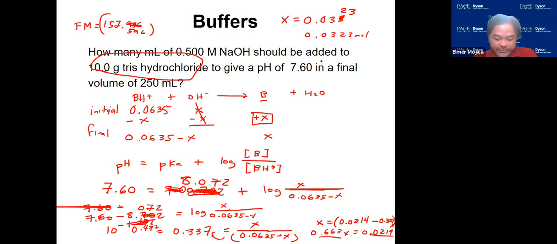So what you're going to do now is determine the ml of 0.5 molar, because that's the concentration of your sodium hydroxide that you used to add. So how are we going to do that? Are we going to divide or multiply with 0.5?